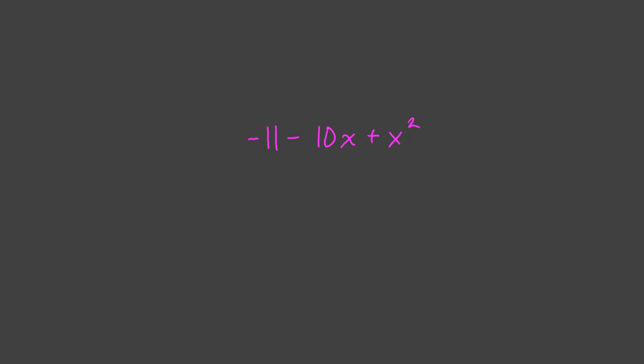-11 minus 10x plus x squared. I'm going to write that in standard form, where ax squared plus bx plus c. So I'm going to write my quadratic term first, my linear term second, and my constant term last. So I want factors of -11.